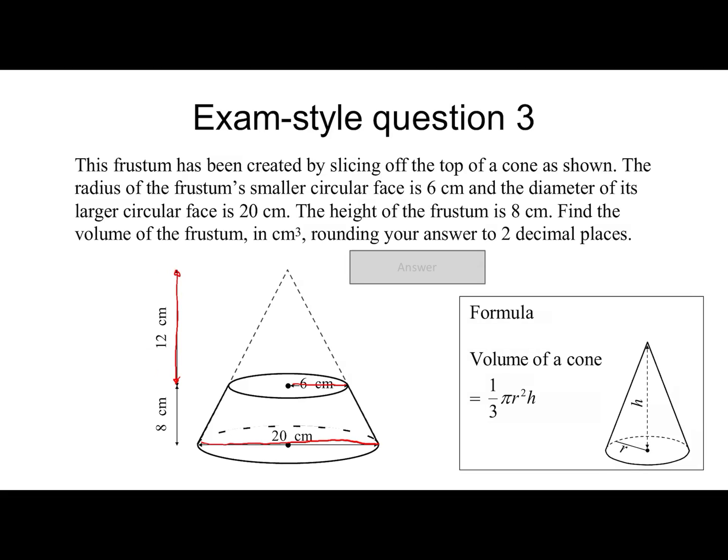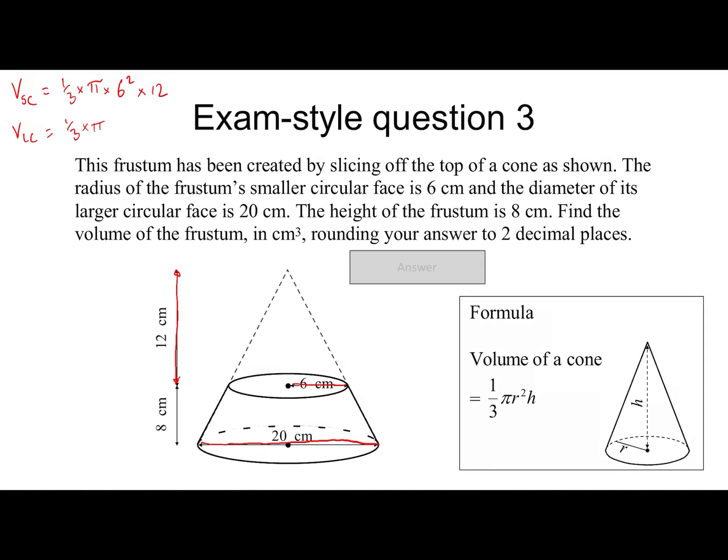Now, all you really need to do here is imagine that you place the sliced off cone back on. What is the volume of that sliced off cone? I'm going to call that the volume of the small cone. That's going to be 1/3 times pi times 6 squared times its height, which is 12. Then what would be the volume of the large cone if the small cone was placed back on?